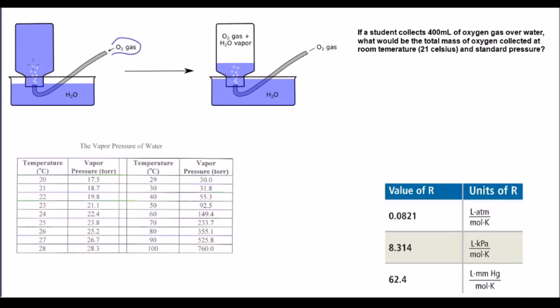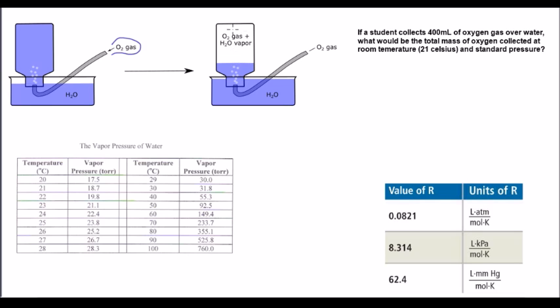As the oxygen bubbles up through the water, it replaces the water with gas. And so at the end, you have a certain amount of gas that is trapped in this bottle. Presumably there would be some sort of graduations on the bottle so you could actually read the volume of gas that you have collected or trapped.